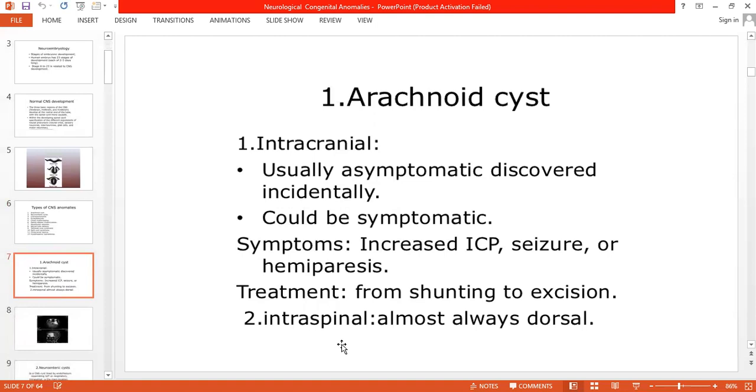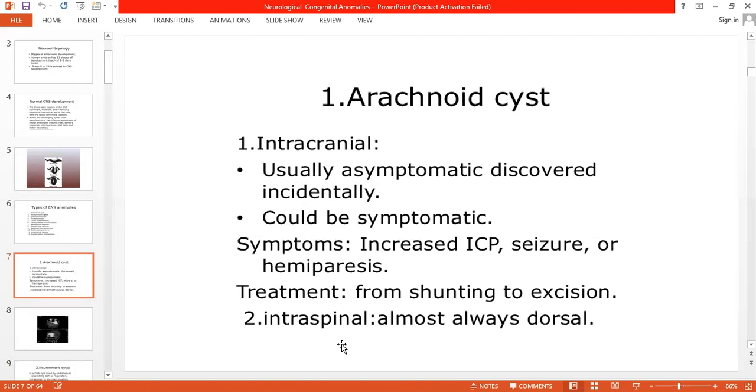Okay, so starting with the first in which we do intervene, the arachnoid cyst. Usually they are in the intracranial component of the CNS, but they are also found in the intraspinal part of the CNS.